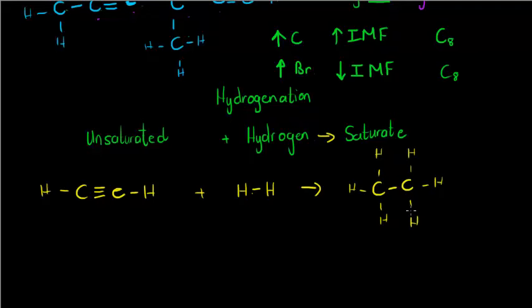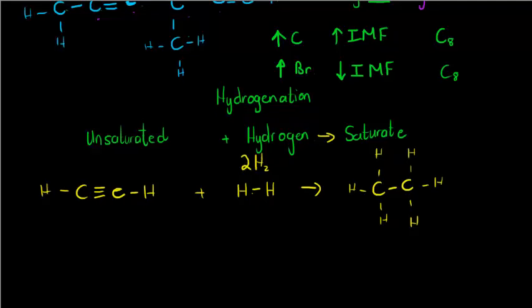We have 6 hydrogens, and on this side we only have 4, okay, hydrogens, which means we will need more than just one diatomic molecule for hydrogen. We will need 2 of them.